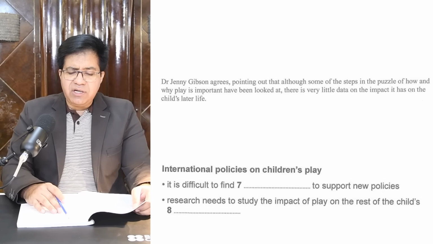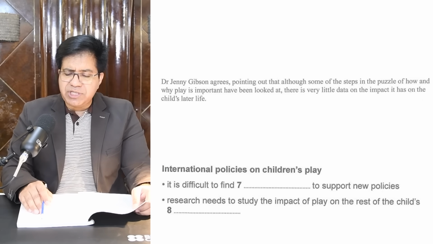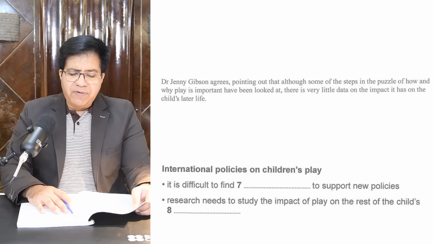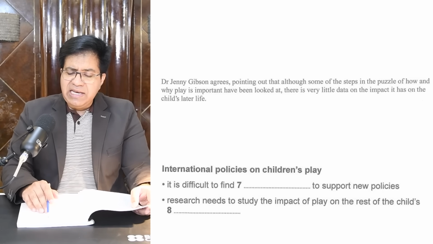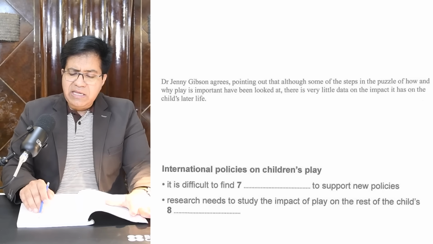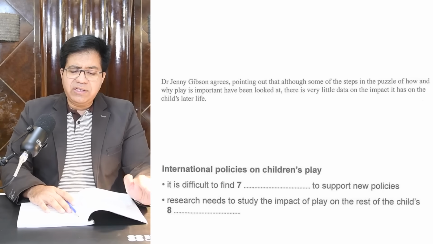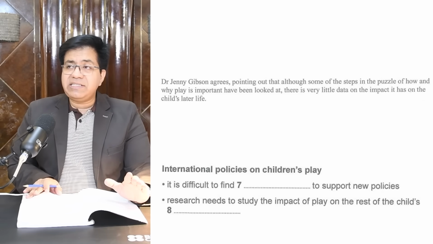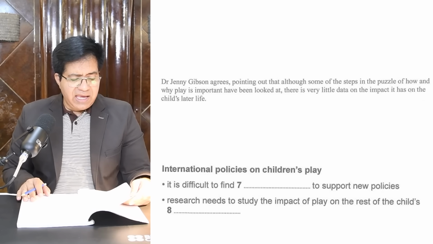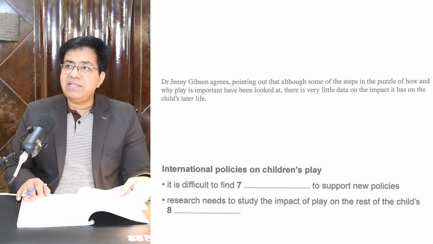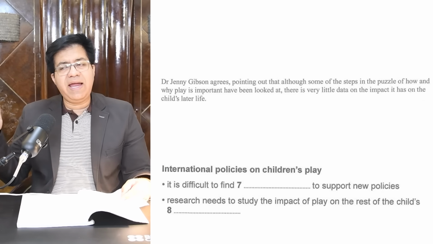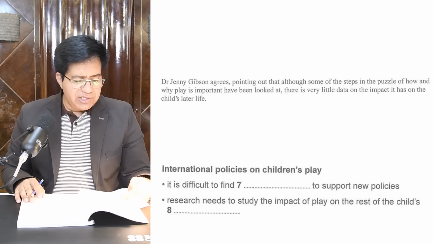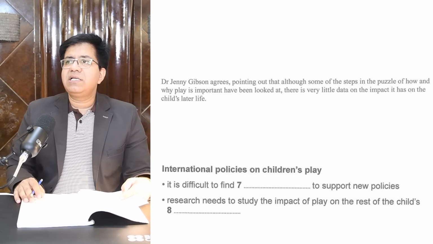Dr. Jenny Gibson agrees, pointing out that although some of the steps in the puzzle of how and why play is important have been looked at, there is very little data on the impact it has on the child's later life. Later life means remaining, rest of child's life. So rest of and later and child is there. Correct answer is life.